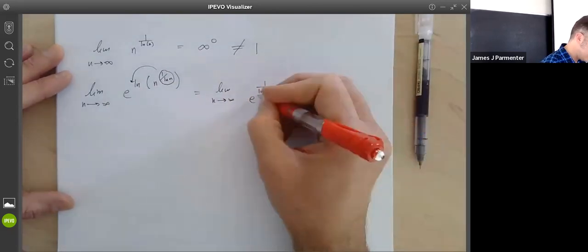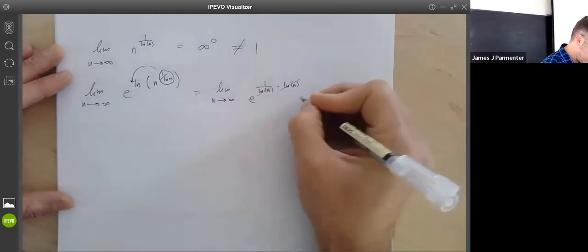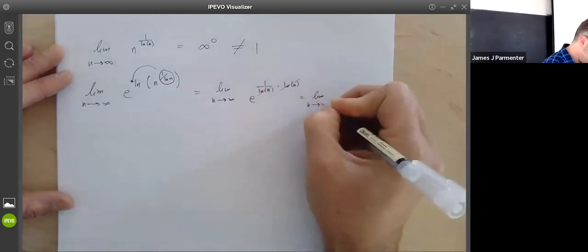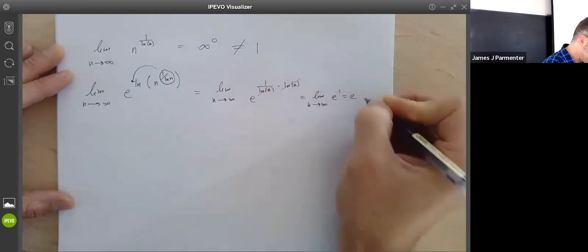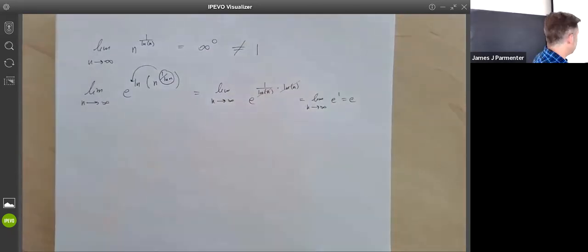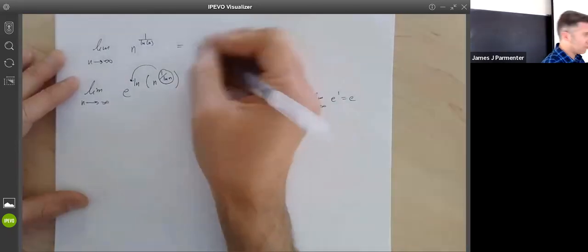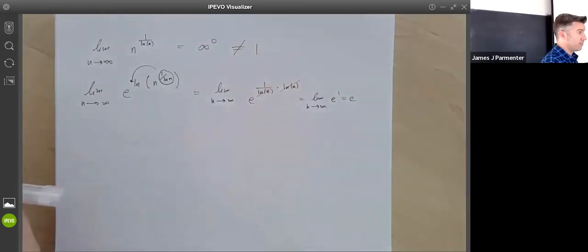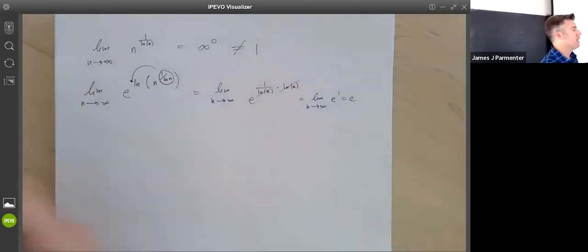Those cancel. So you have the limit as n goes to infinity of e to the 1, which is e. So it is possible for an infinity to the 0 type to not have a limit that's 1. But you ask a very good question, because most of the time, unless someone's really trying hard to make up something that works, that limit is going to be 1.